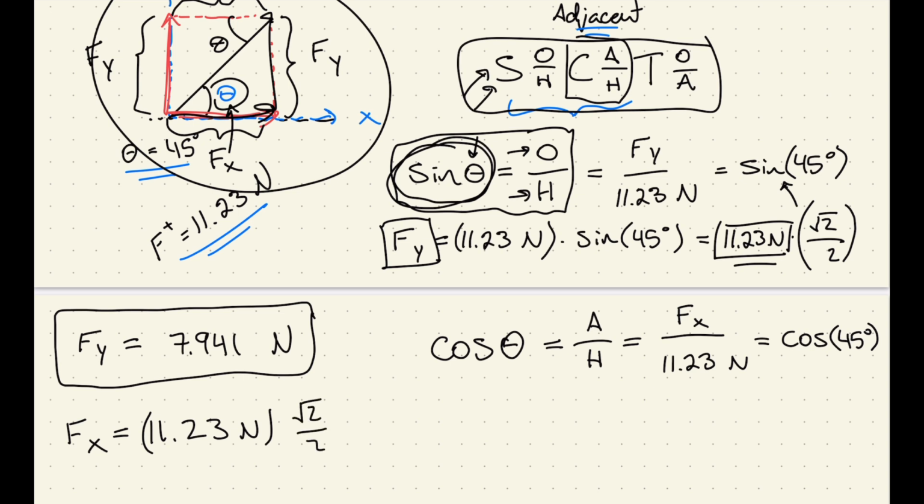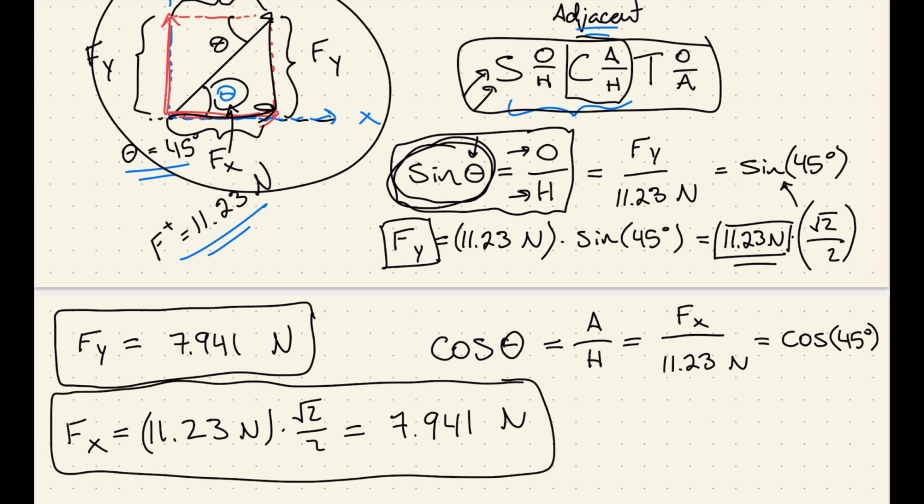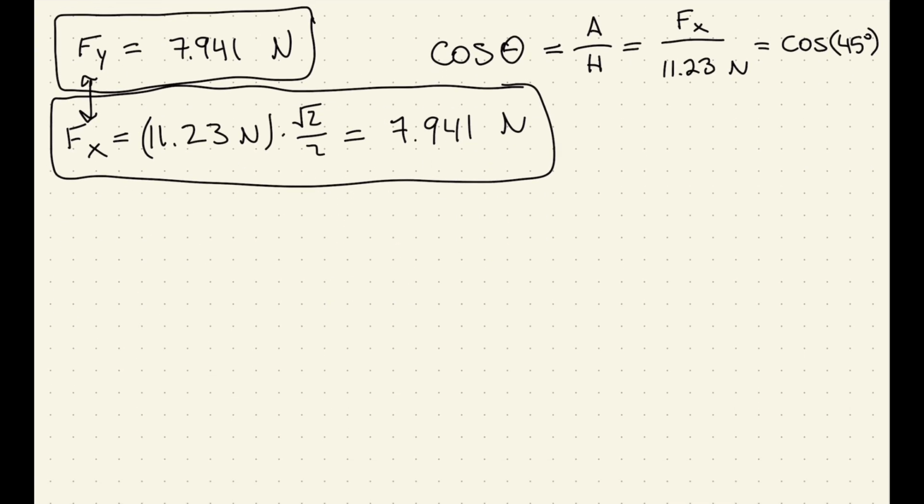Look at that, it's root 2 over 2, the same thing, which is actually equal to 7.941 newtons. That's interesting. It's actually the same thing. Why is it the same thing? Well, it's good to ask yourself what's going on here. Why are these components the same? Let's calculate it. It is the same thing. You got to ask yourself, why is it the same thing?